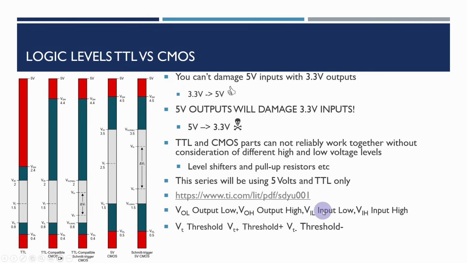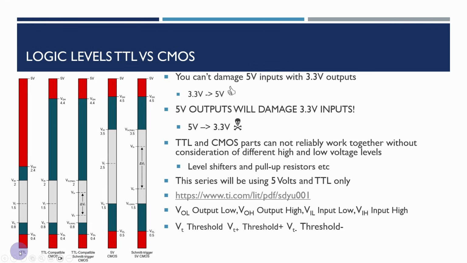On the input side, the input low voltage is the highest input voltage that the chip will understand as being low. And the input high voltage is the lowest voltage that the chip will understand as being high. Then these threshold voltages come in later when we talk about Schmitt triggers.